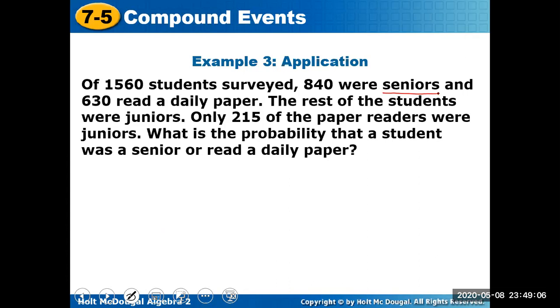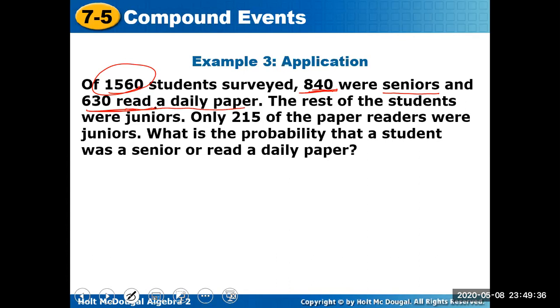Seniors is one event and reading a daily paper is the other event. So there are two events going on here. A total of 1,560 students were there. Out of that, 840 students were seniors and 630 of them read a daily paper. The rest of the students were juniors.